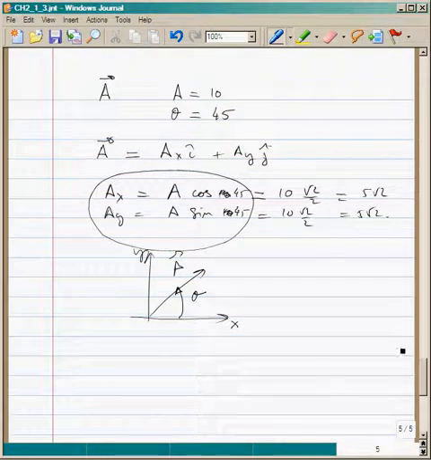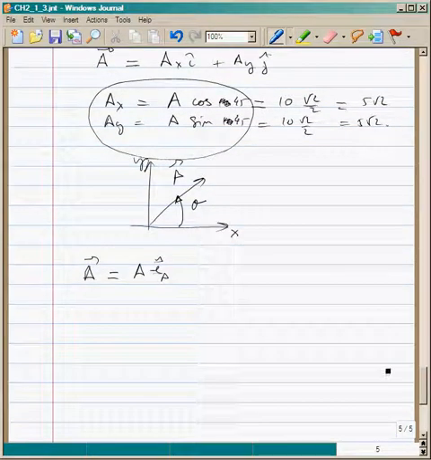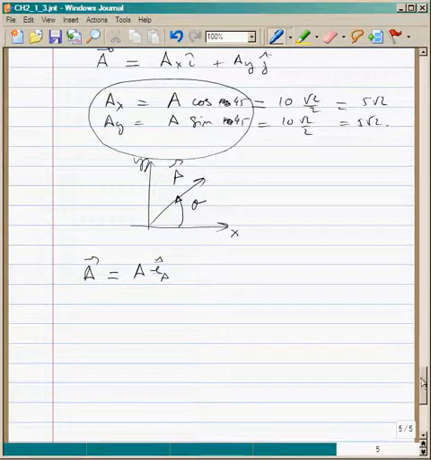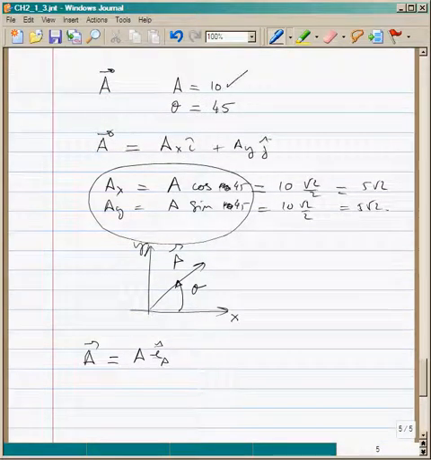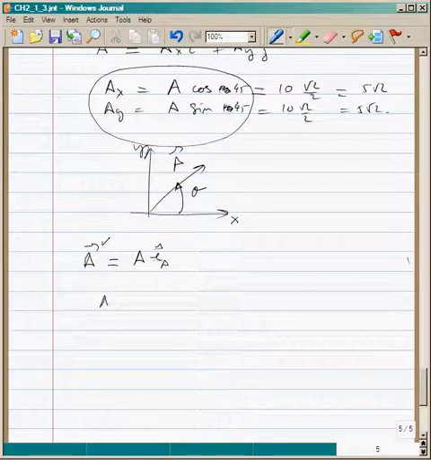Now let's try to express vector A in terms of its magnitude and its unit vector. The magnitude is given to us, it's 10. We need to know vector A, we just figured it out. So from the previous question we can write that A is equal to 5 square root of 2 times i plus 5 square root of 2 times j.